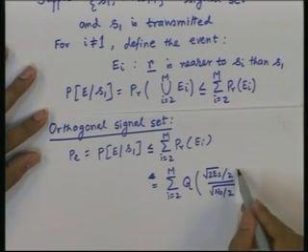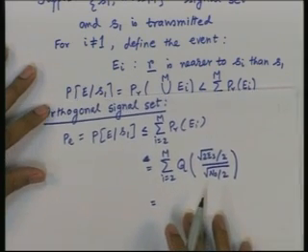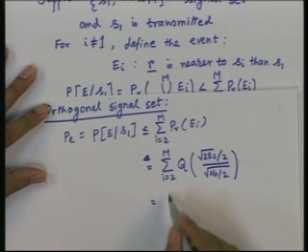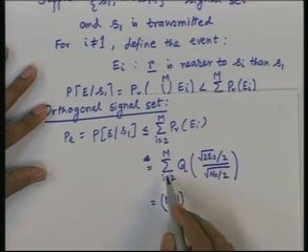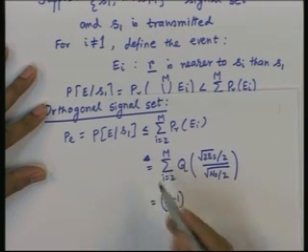And this does not depend on i. So, this is basically m minus 1 copies of this being added.